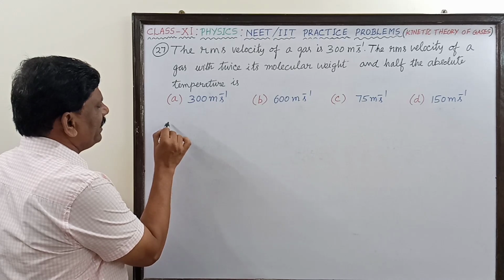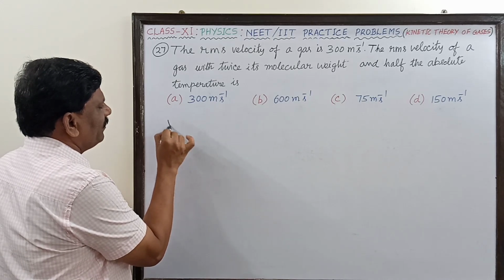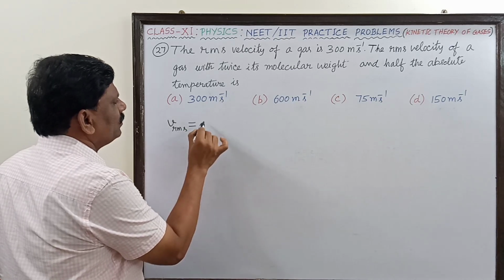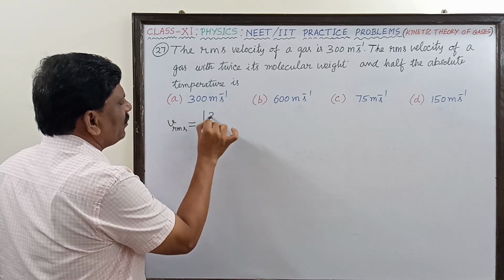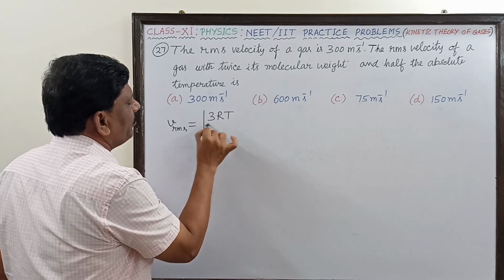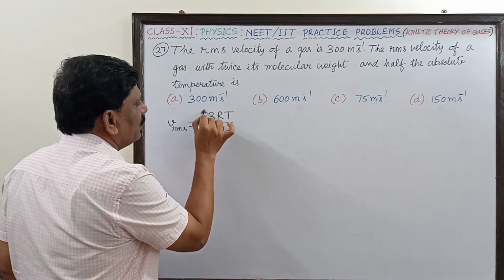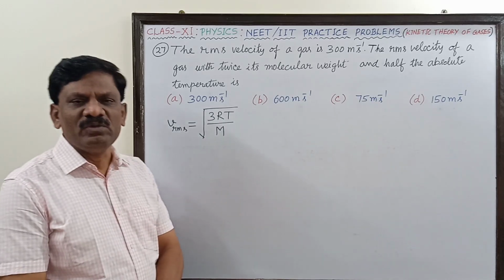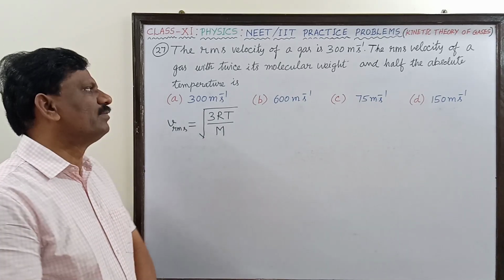So first we will take the RMS velocity, V RMS, which is equal to square root of 3RT by M. This is the standard expression we have been using to solve all the previous problems.